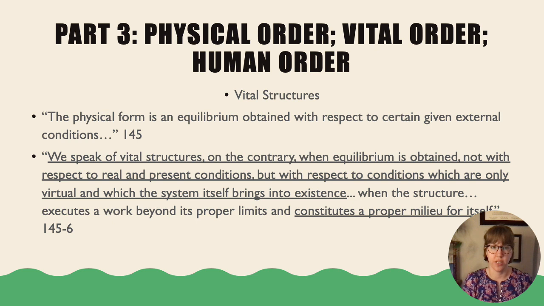So the last section was on physical structures. He says, the physical form is an equilibrium obtained with respect to certain given external conditions. We speak of vital structures, on the contrary, when equilibrium is obtained not with respect to real and present conditions, but with respect to conditions which are only virtual, and which the system itself brings into existence, when the structure executes a work beyond its proper limits and constitutes a proper milieu for itself.